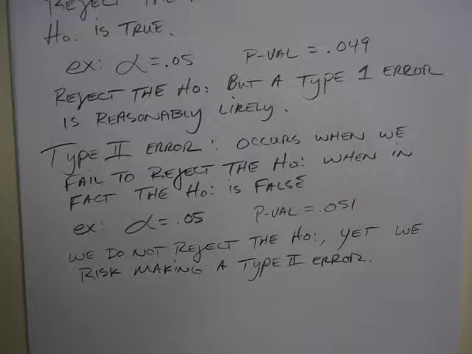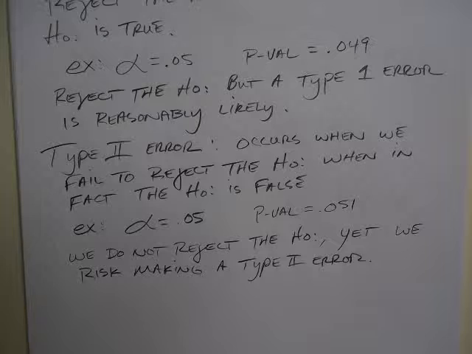Which one is worse depends on the situation that you're looking at. Sometimes a type 1 error is worse than a type 2 error, and vice versa. You don't need to calculate a type 1 or type 2 error. You just need to know that it's out there, and it's highly likely that an AP question like this would give you a question where they would want you to make note of that. Hey, my p-value is pretty close to alpha.